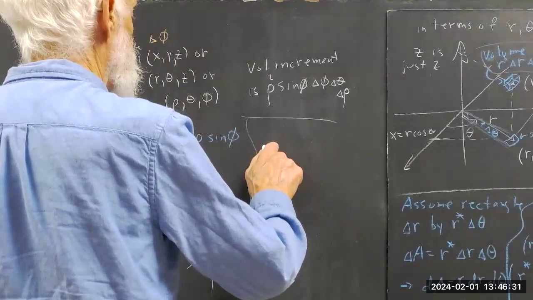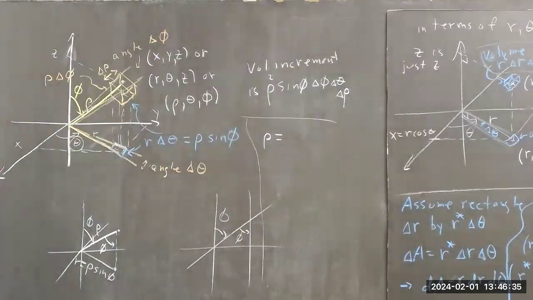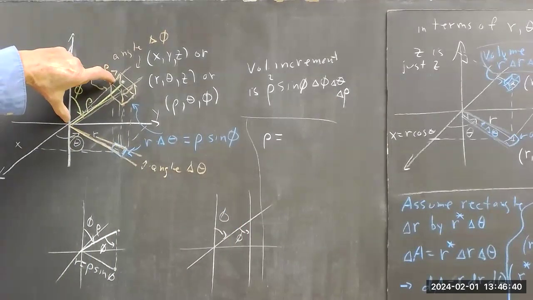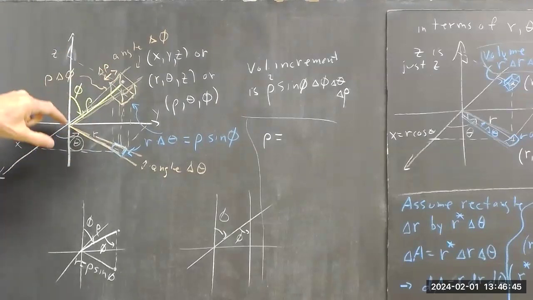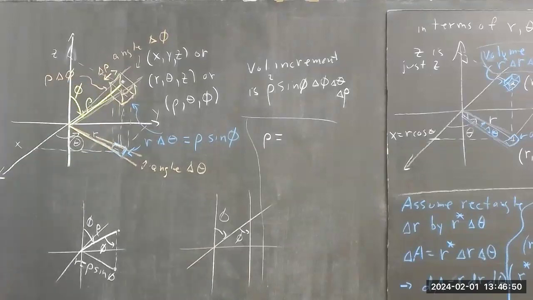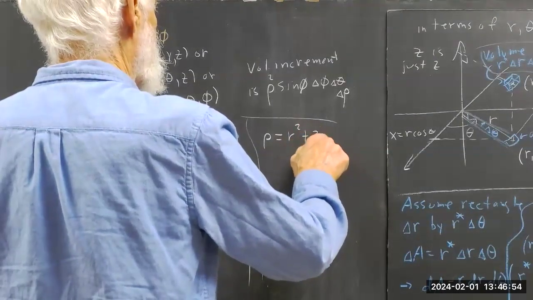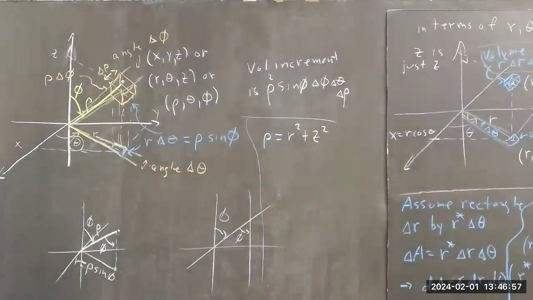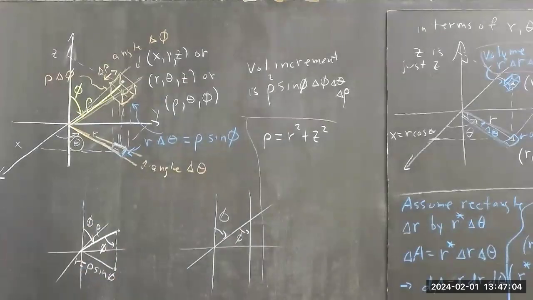So first of all, in terms of r and z and theta, what's rho? Well, rho is the hypotenuse of a right triangle with legs r and z. So it's pretty clear that rho is the square root of r squared plus z squared, right? And of course, r is just the square root of x squared plus y squared.